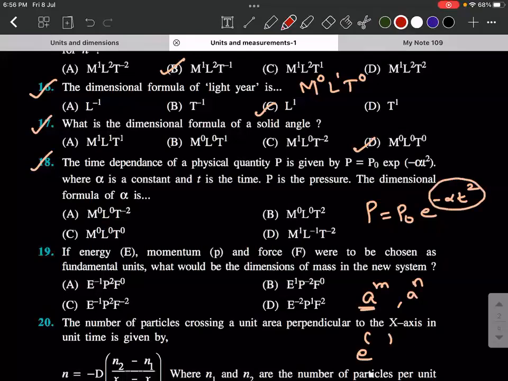So coming back to the question, the time dependence of a physical quantity P is given as P is equal to P naught into exponent power minus alpha t square, where alpha is a constant and t is the time, and P is pressure. Now we need to find the dimensional formula of alpha.